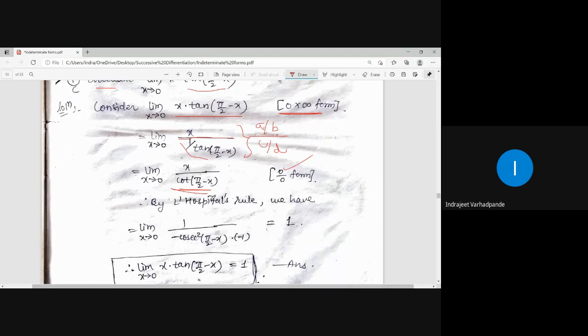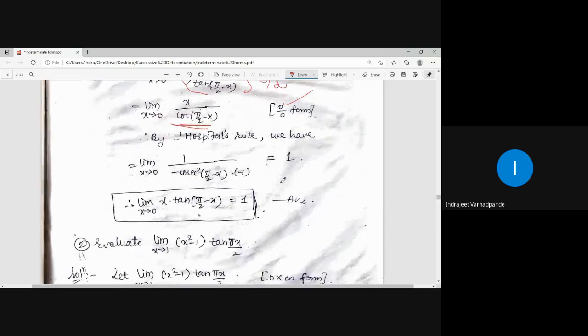Finished up to this? So it was a very simple example to simplify for the evaluation of the limits. So what is the answer coming out as, 1 or minus 1? 1.